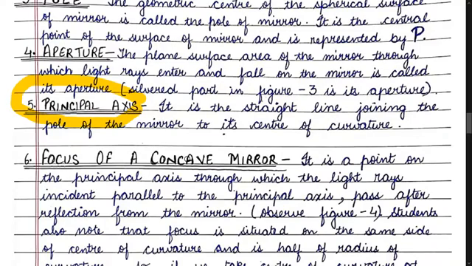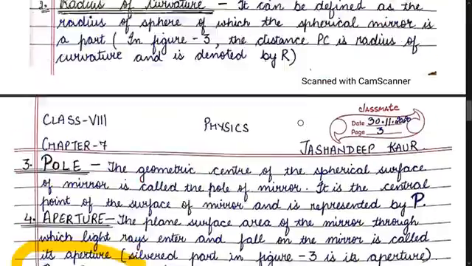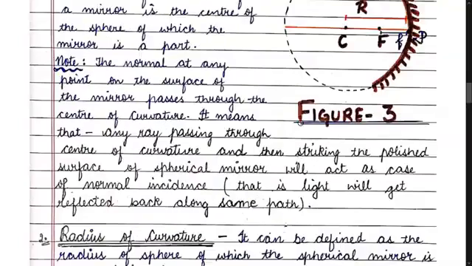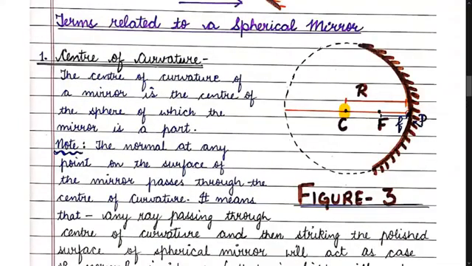Students, it is the straight line joining the pole of the mirror and the center of curvature. Since it is a line, it can be extended in both directions, that is, in front of the pole and also at the back of the pole.